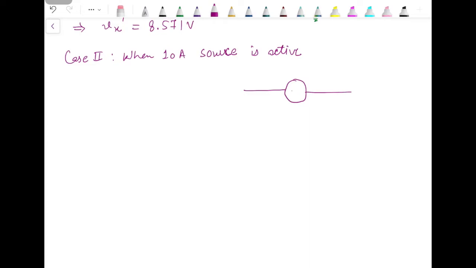Here we have current source, it is supplying 10 amperes. This one has to be replaced by short circuit.